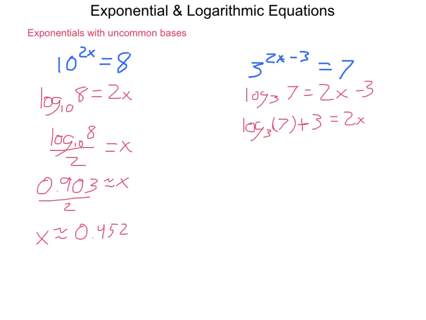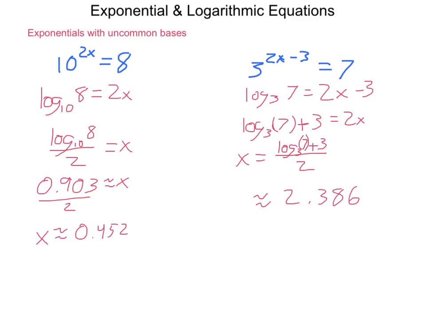Divide by 2 and using the symmetric property, I have x equals log base 3 of 7 plus 3, all over 2. Now again, this becomes calculator work, and entering that in, we will get an answer of approximately 2.386. Looking back, I forgot to say I was taking log base 3 of 7. So x in this case is about 2 and 386 thousandths.